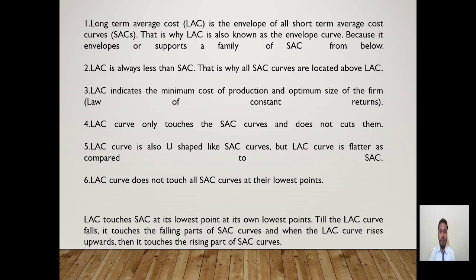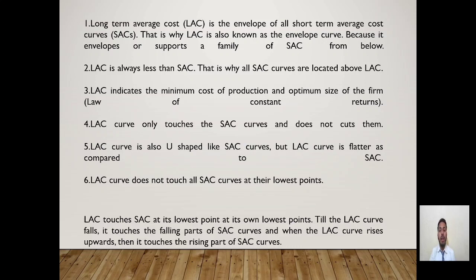Law of constant return. Fourth, the long run average cost curve only touches the short run average cost curves and does not cut them. Point 5, the long run average cost curve is also U-shaped like the short run average cost curve, but the long run average cost curve is flatter as compared to the short run average cost curve. Point 6, the long run average cost curve does not touch all short run average cost curves at their lowest point.